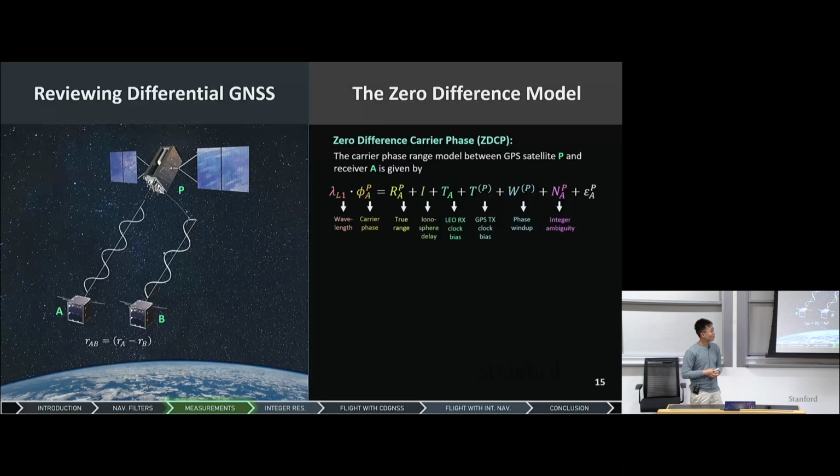Then we have to worry about the clocks that are running on your local receiver as well as your GPS satellite. Because in essence, if you think about how GPS works, it's measuring ranges just by measuring the time elapsed between the GPS satellite that's transmitting and the time that you record when you receive the signal.